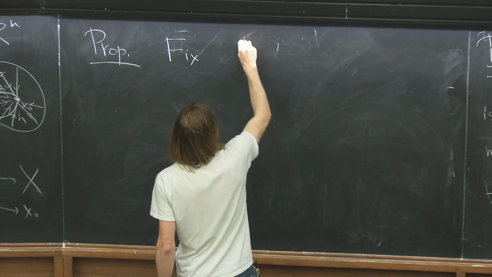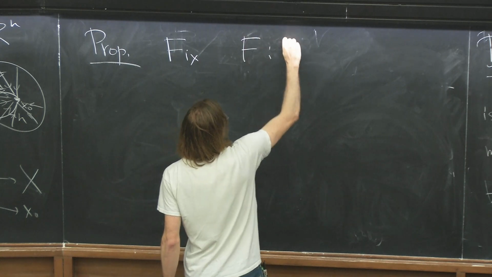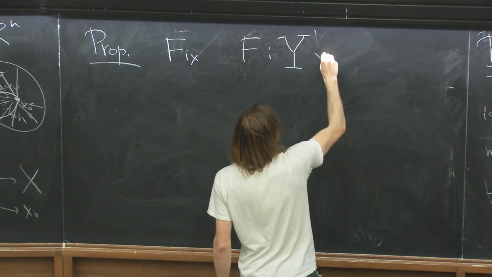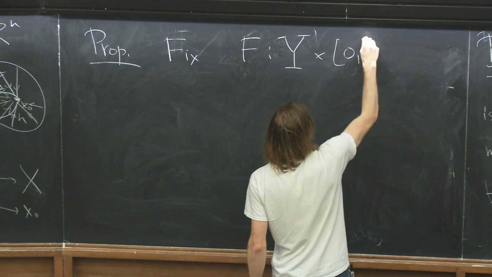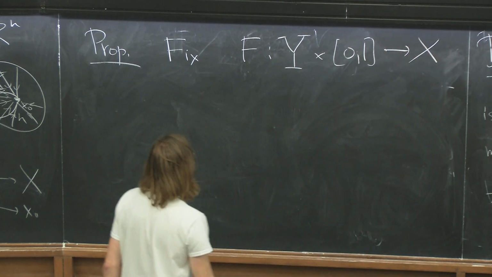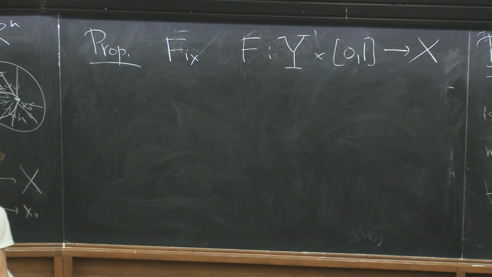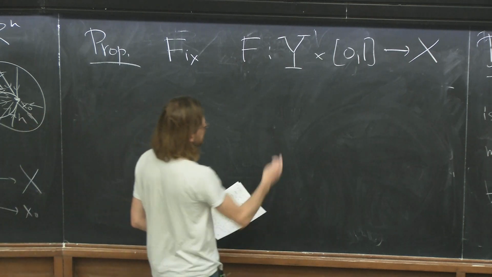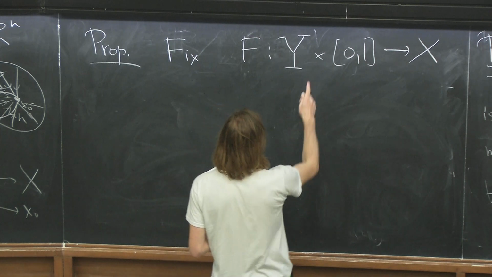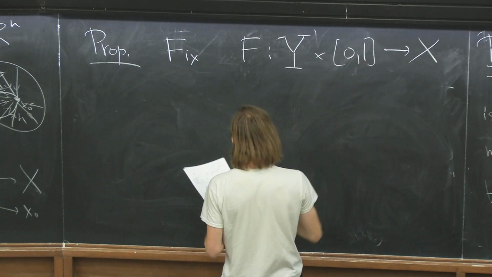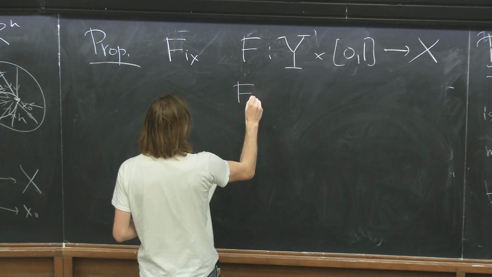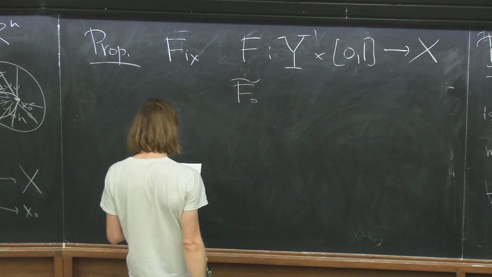Fix a map F. Consider a pair of topological spaces Y, X, and fix a map from Y times the interval to X. This can be some continuous map which can be seen as a homotopy between the restrictions of F at 0 and at 1. And we also fix another map which we denote F0 tilde.